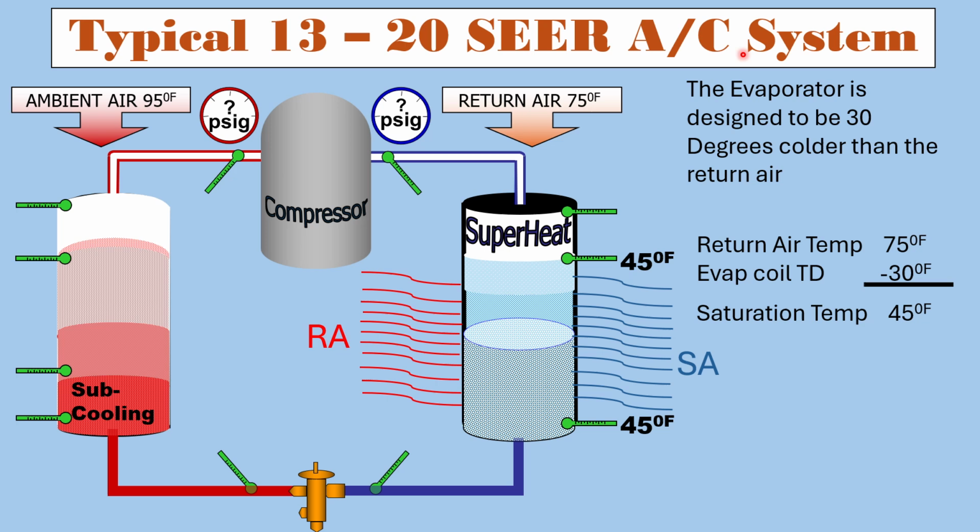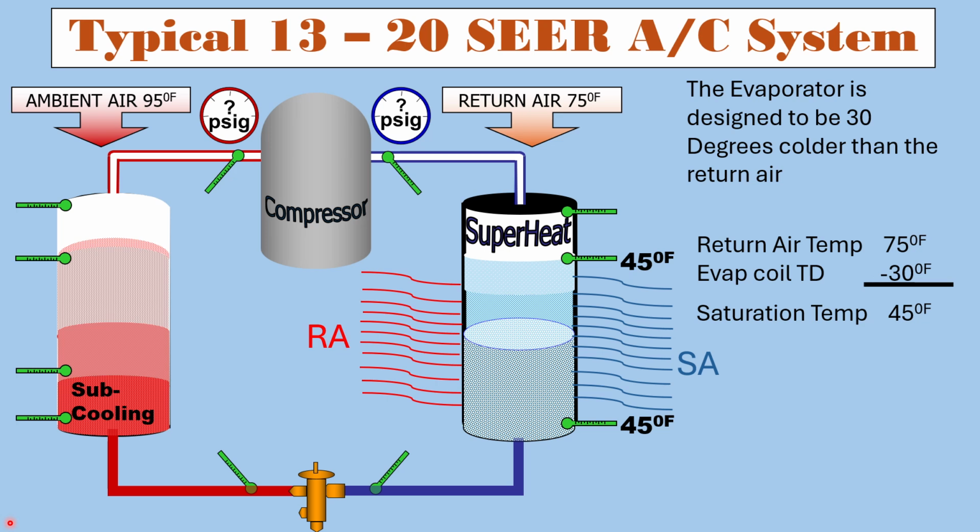So the evaporator is designed to be 30 degrees colder than the return air on this 13 to 20 SEER 410A system. Our return air is 75. The evaporator coil design temperature difference is 30. That's a saturation temperature of 45.